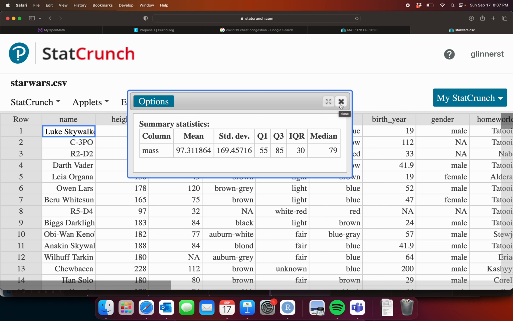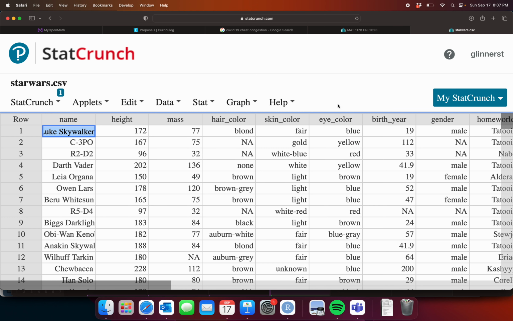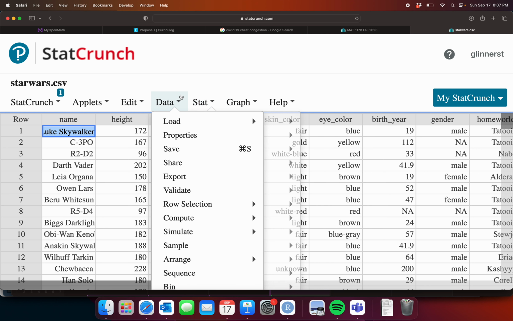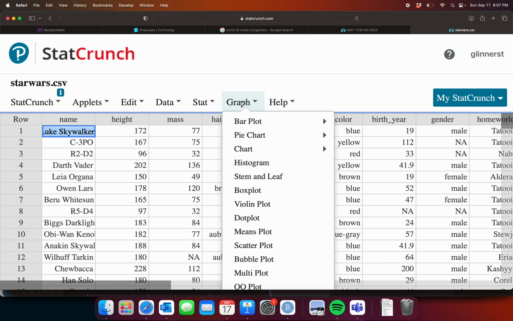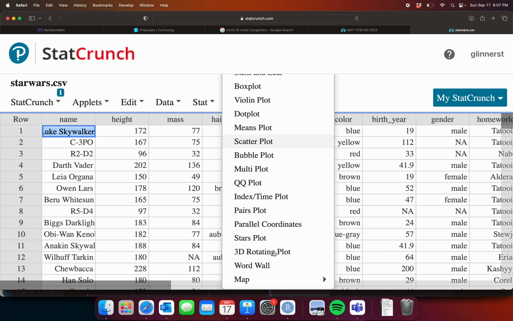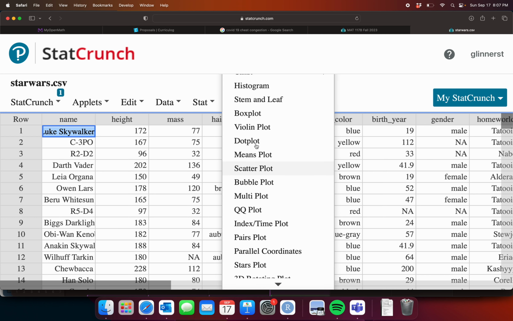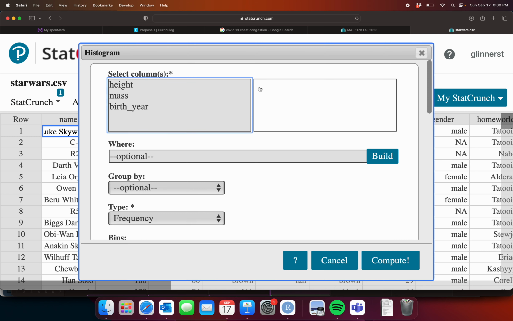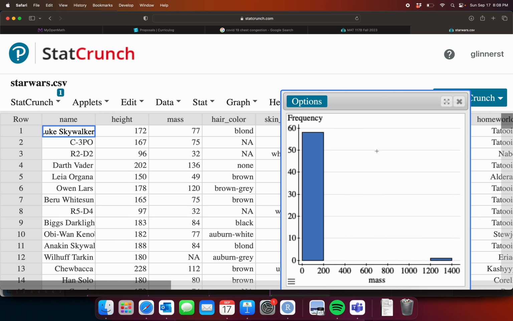So why don't I make a graph? Something else that we haven't done. Okay, and so I could go to graph, and we've talked about a histogram. And so here's a histogram. I can click histogram, mass, and click compute.